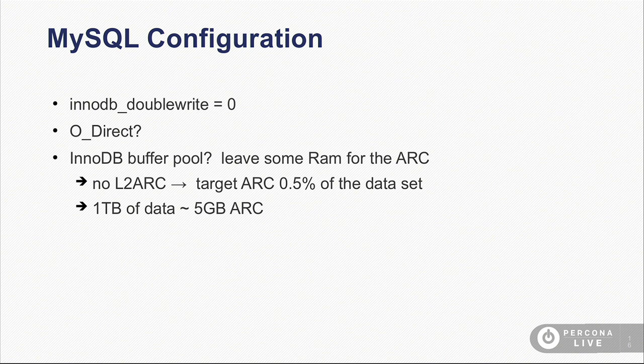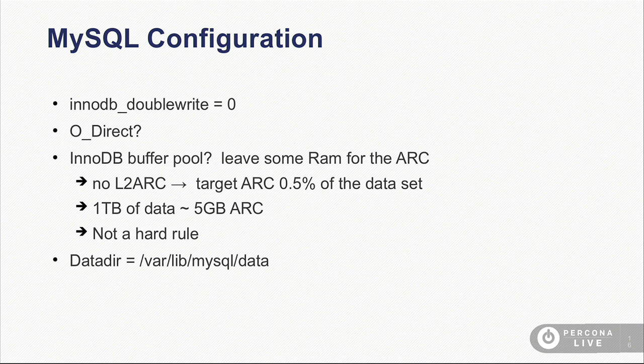So for 1 terabyte it would be about 5 gigabytes of ARC. That's just to make sure the top levels, the nodes of the B-trees, not the leaves, are at least in the ARC. But if you're really not IO bound, you may not care about that, and it's not a big deal. Again, it's not a hard rule.